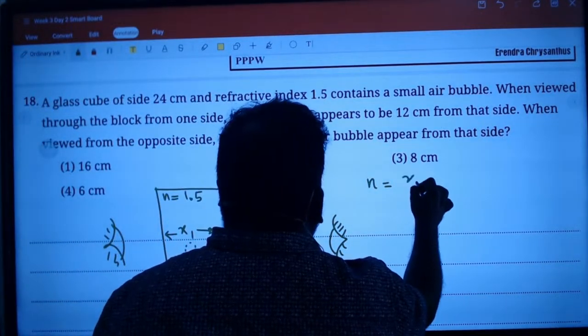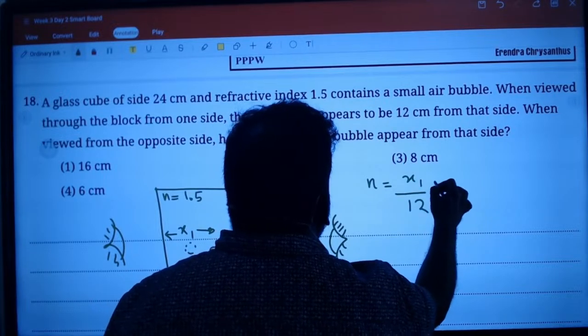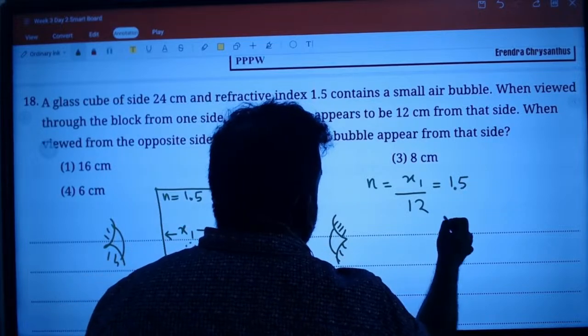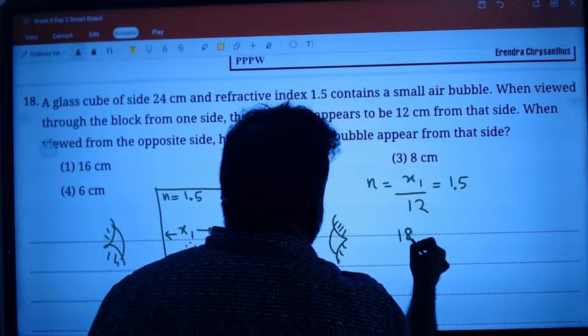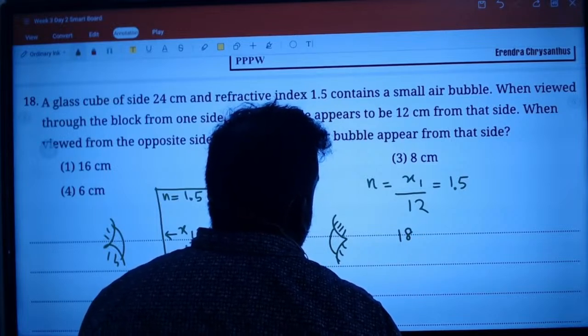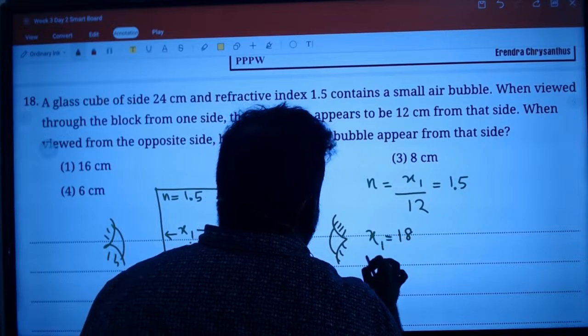Real depth is x1, apparent depth is 12 centimeters, refractive index 1.5. So x1 is equal to 18.